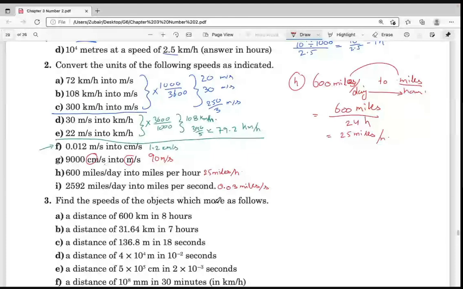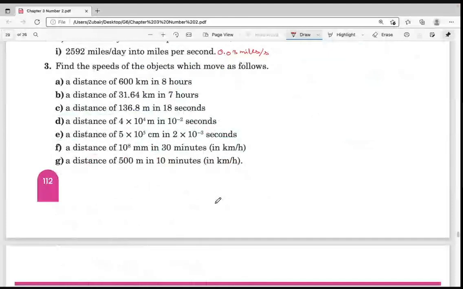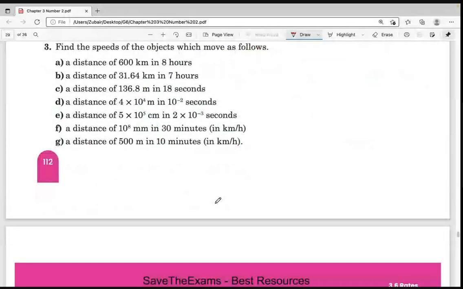Number 3. Find the speeds of the objects which move as follows. So we can simplify it once. Speed is equals to distance over time. So we have to divide all these. 600 by 8, I get 75.